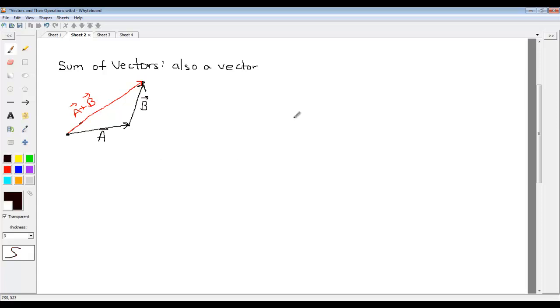Or another way to look at it, if they both have the same initial point, and let's say we have it situated like this. Notice B is still at the same angle, it's just situated at the same initial point as A. Then the sum can be found here. And it turns out that you can make a parallelogram.